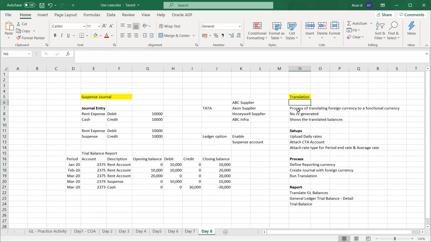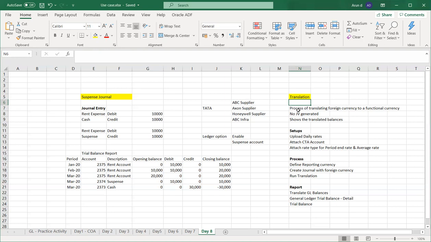So if you see process-wise, translation is nothing but translating the balance of a particular currency on a given day. Let's take an example.